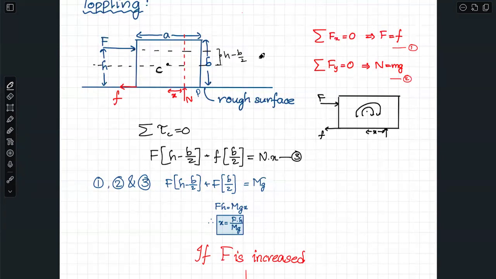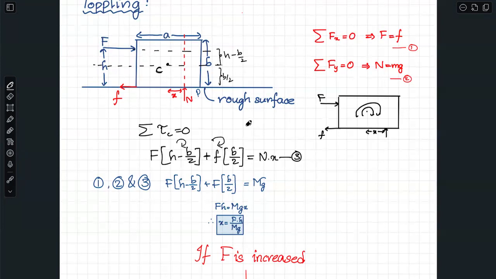Clear? About C, due to F, the force is at h minus b by 2, and the nature of this torque is clockwise. Even friction will do the same, and the friction is at a distance of b by 2. So this is also clockwise.